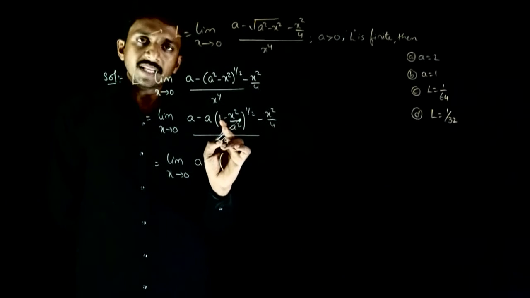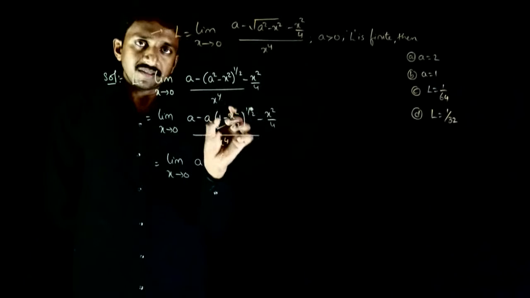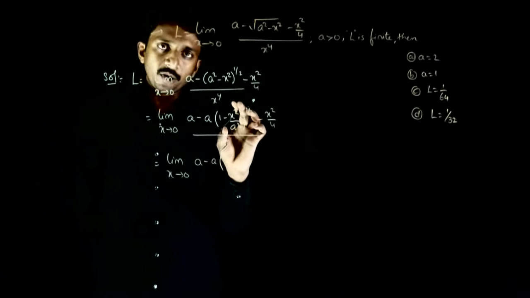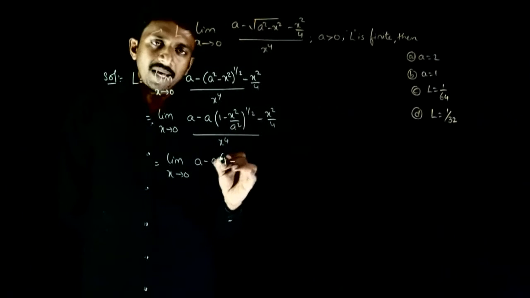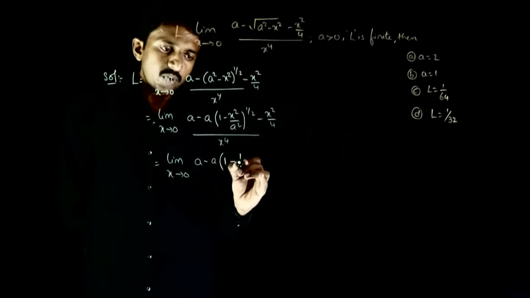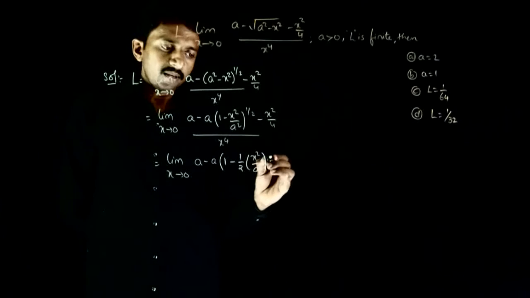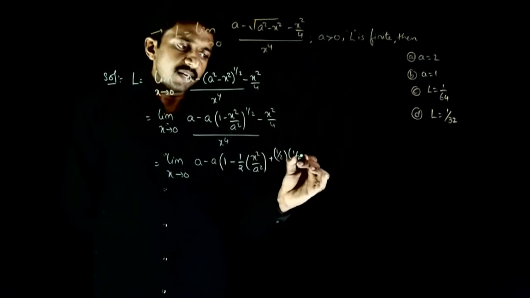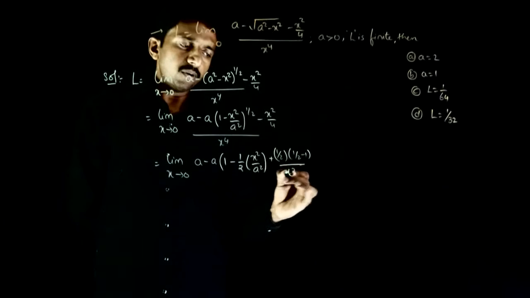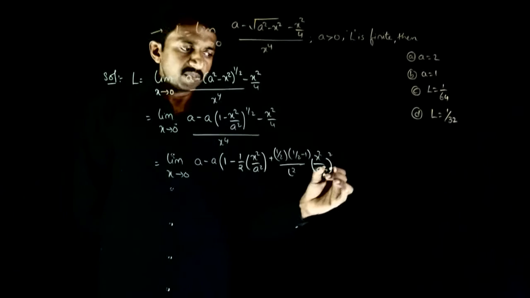so binomial expansion for rational index. So go back to the topic and try to revise this if you don't know. So binomial expansion to the power rational index, 1 minus nx, that is 1 by 2 into x square by a square plus half into half minus 1 by 2 factorial into x square by a square whole square and so on.